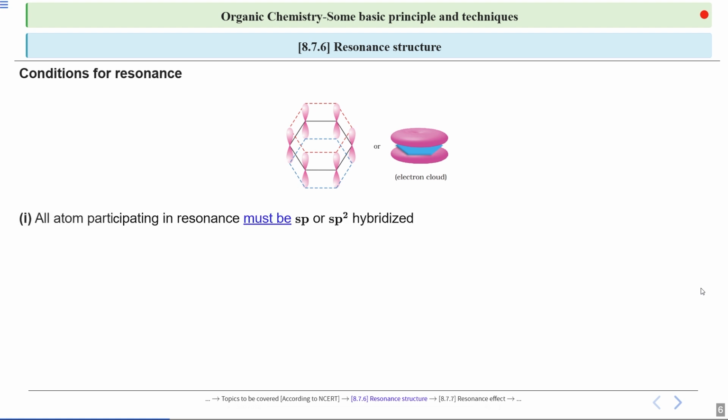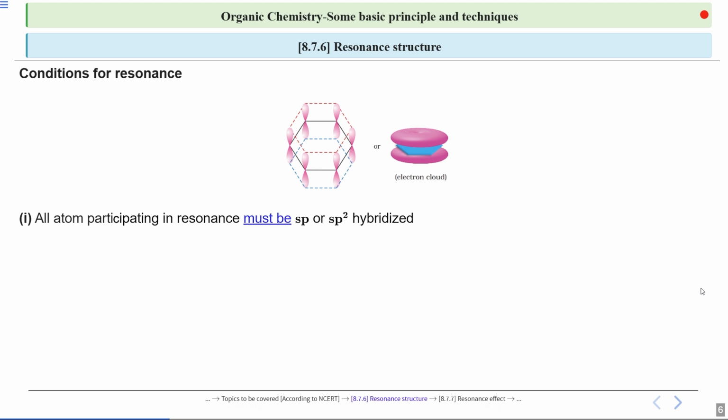The basic condition for electrons to participate in resonance is that it should be a planar molecule, and for that each and every carbon should be sp or sp2 hybridized. If you consider the benzene Lewis structure, you will quickly recognize that all the carbons are sp2 hybridized. So this is the first condition for resonance.